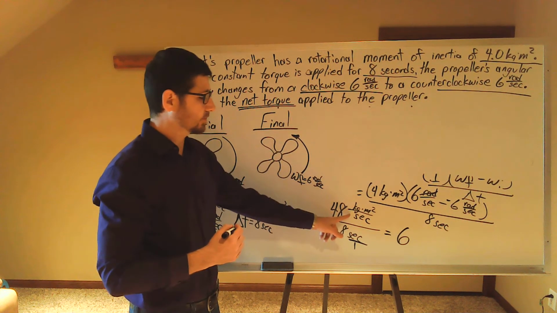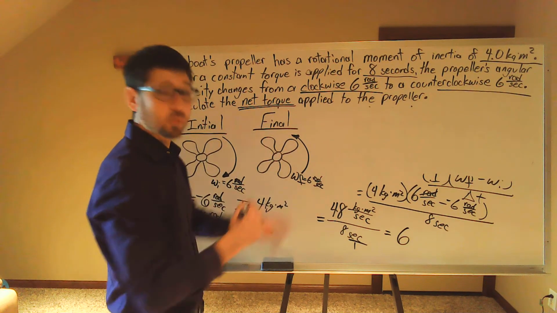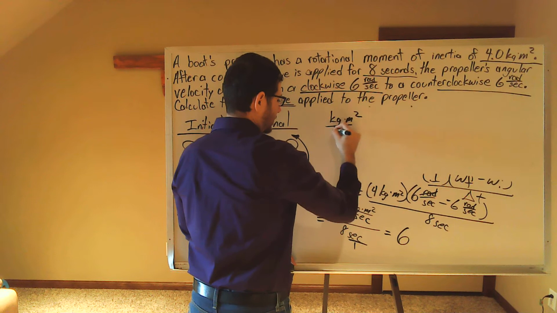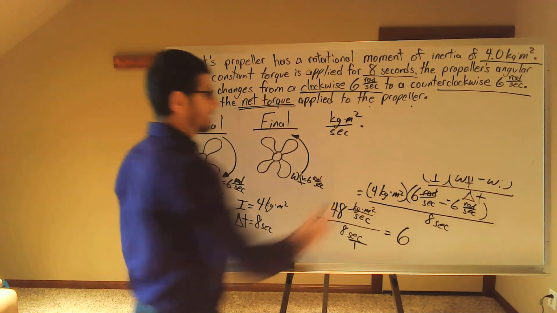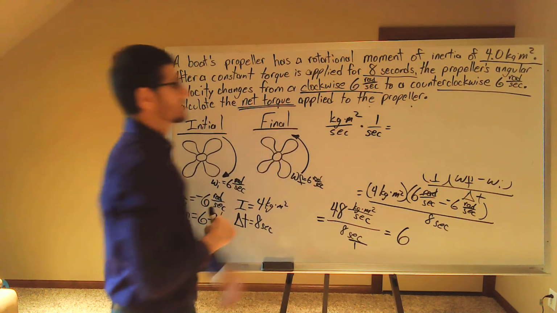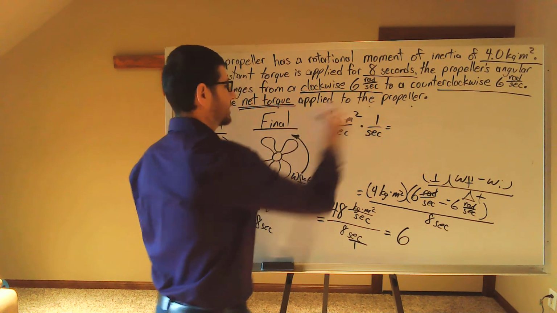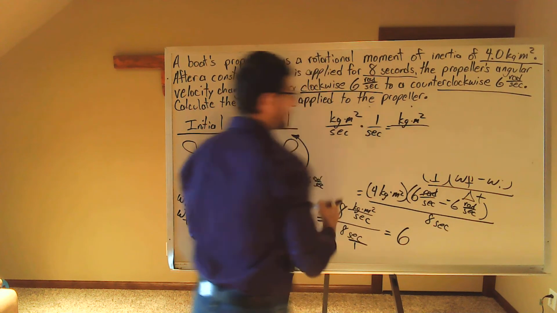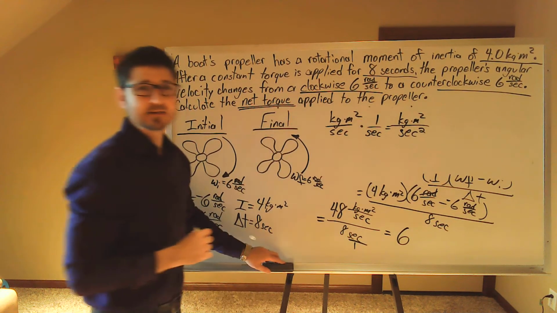So when I multiply my units in the numerator by the inverse of the denominator, what we have here is kilogram meters squared per second times the inverse of the denominator, which is 1 over seconds. Okay, so multiplying fractions, we're just going to multiply straight across. So in my numerator, I have kilogram meters squared per second times seconds is seconds squared.